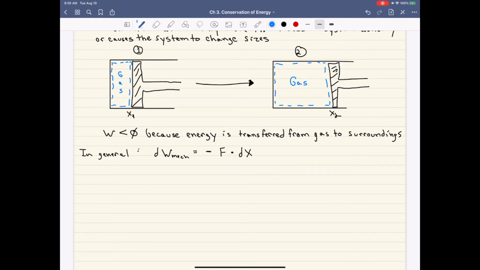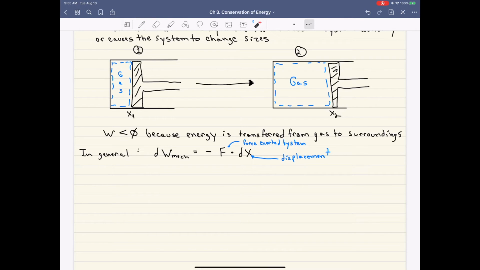Alright, and so just to clarify, F here is the force exerted by the system, and the dx is that displacement.